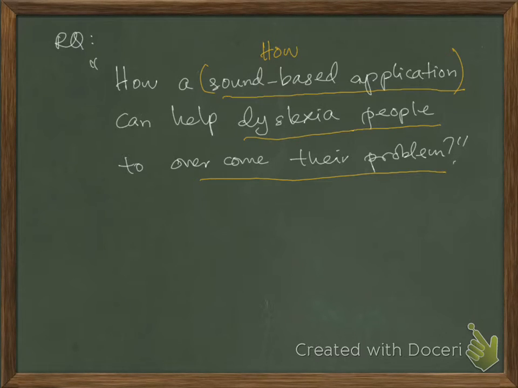And dyslexic people should be for who, which is the element that is being used or being impacted by the study. And the problem should be for what, which is the body of knowledge that the researcher must know in order to solve the problem. You must know the problem in order for you to come up with a solution, which is the sound-based application.